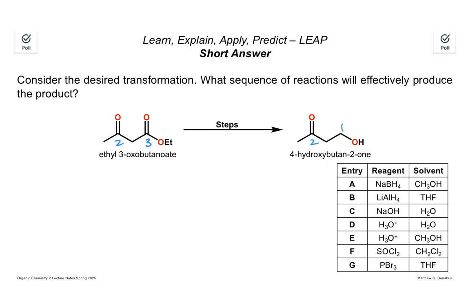So we want to take that and make 4-hydroxybutan-2-one. So here in blue, notice that oxidation state's conserved and the other one's reduced.